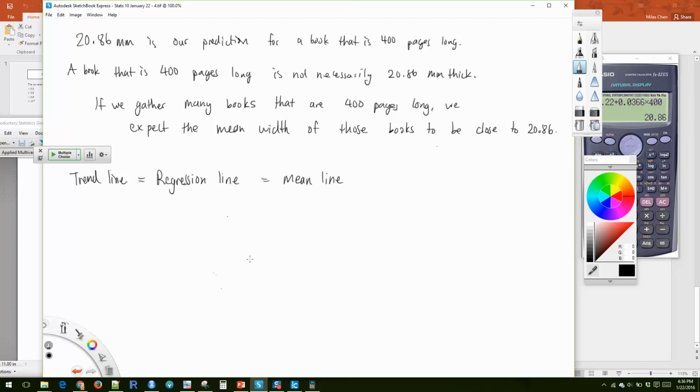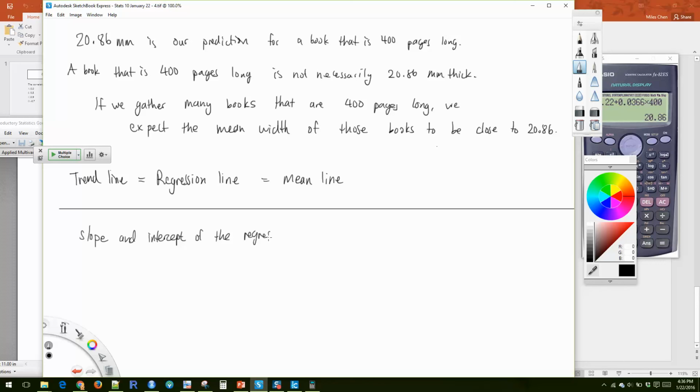This line of best fit, or this regression line, the slope and intercept of the regression line are determined by trying to minimize the sum of squared residuals.